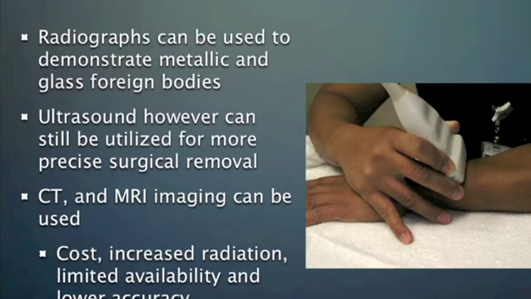Now, CT and MRI can also both be used. However, we're talking about cost, and in the case of CT, the unnecessary radiation, and in the case of MRI, sometimes not always available, and actually they have lower accuracy in doing the actual surgical removal part.